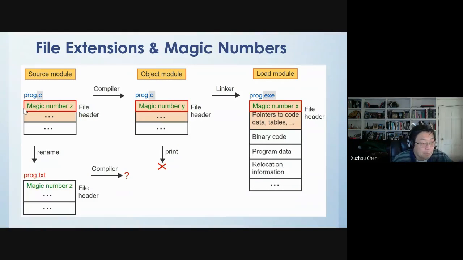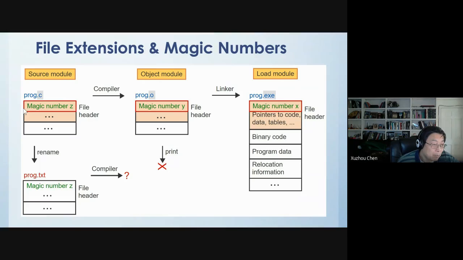Now here, I try to explain this, but if you actually read the zyBook, it will give you a better explanation of how these file extensions and magical numbers work, because the zyBook gives you some visual things, like animations, so you can see clearly how this actually works.